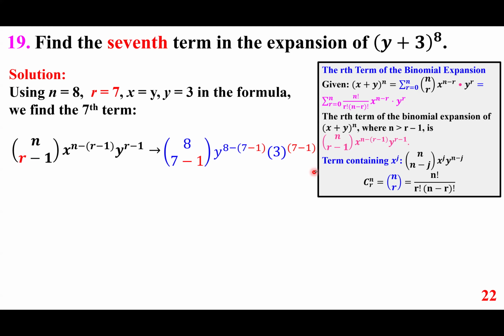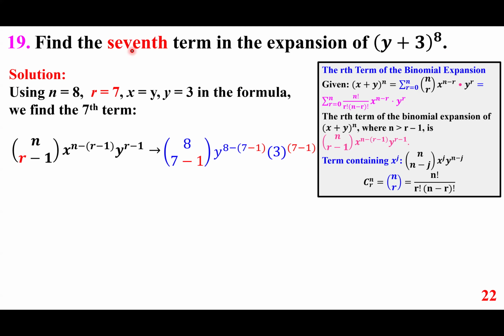But here's the method that may make it easier. As I mentioned, you don't have to memorize any of this. You can instead expand it and count 1, 2, 3, 4, 5.